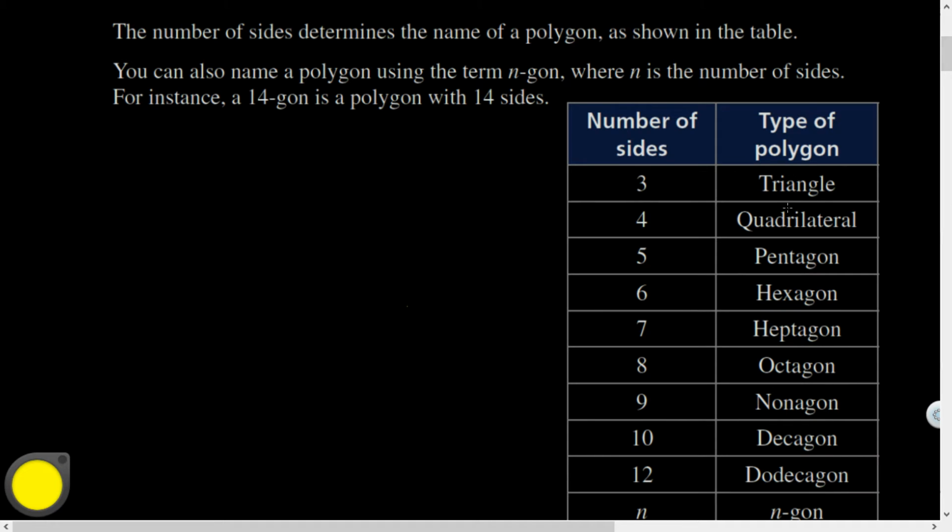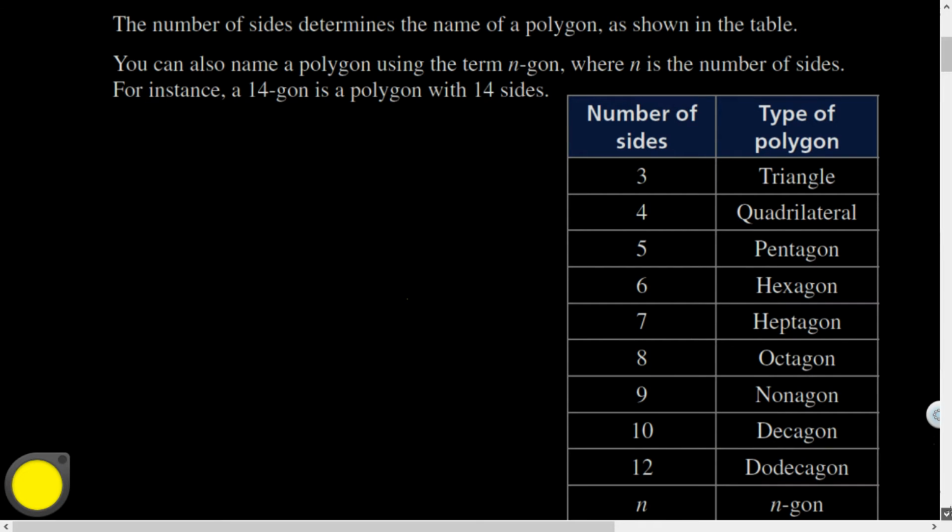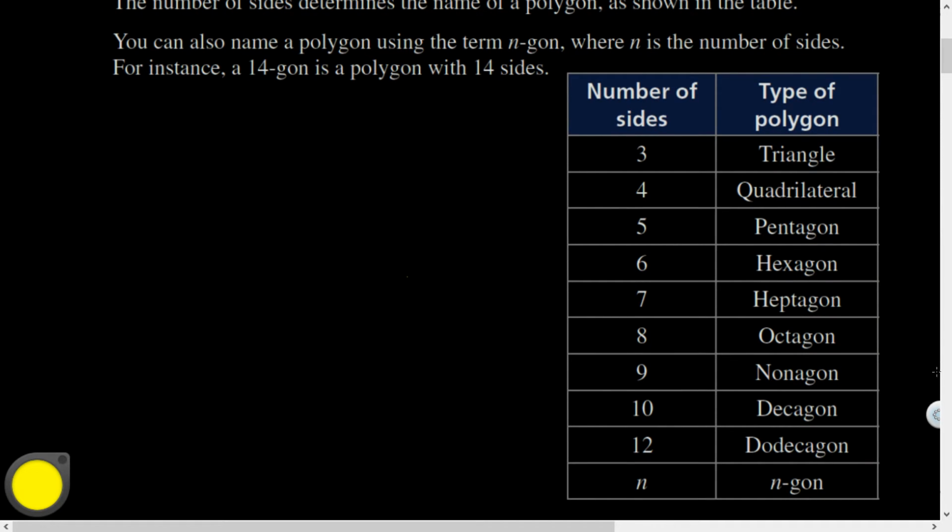Ones you probably don't know. Heptagon, you probably don't know. Nonagon, I think, is pretty great, right, for 9. Decagon, dodecagon, and then what's up? What are your thoughts? I would guess 11-gon, or an once-gon if you're a little bit Spanish in your pronunciations of polygonal names.